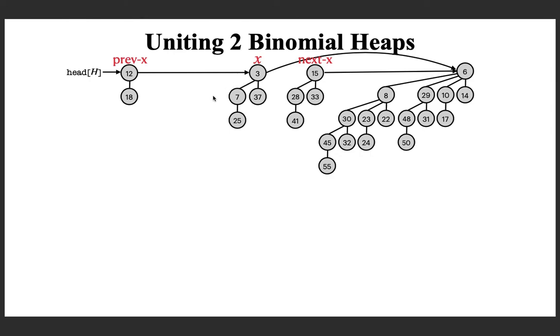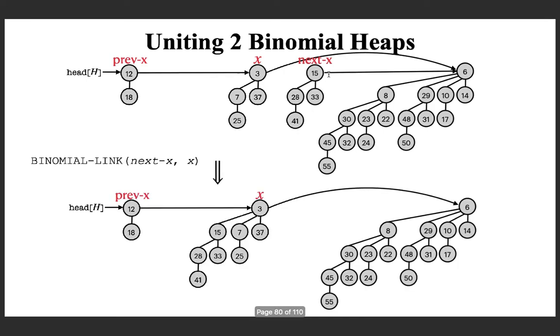For that, we have already discussed an algorithm, binomial heap link, where you pass next x as the first argument and x as the second argument. If you recall, the first argument will be set as the leftmost child of the other. That's what you are doing.